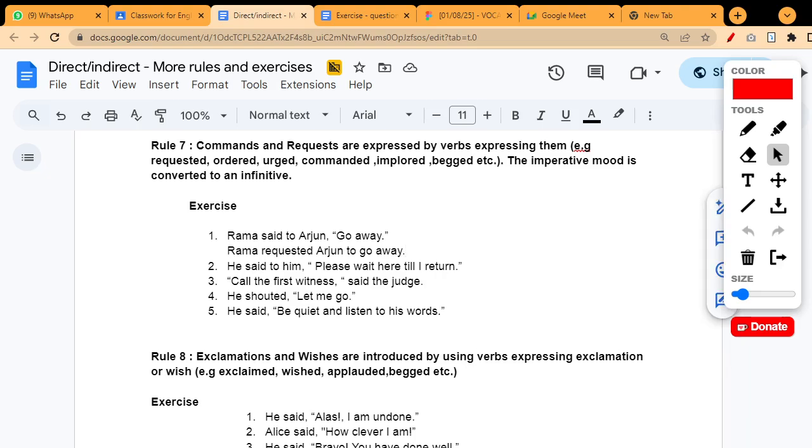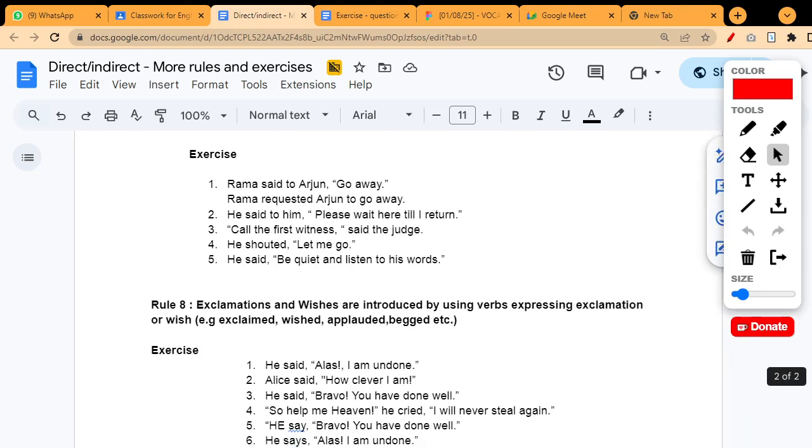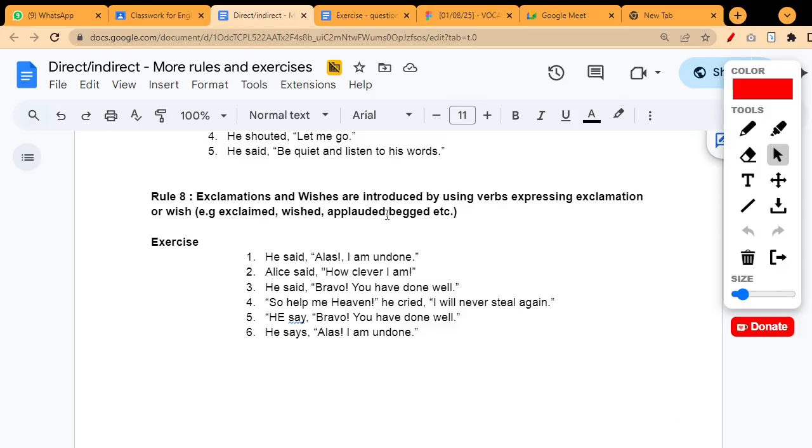Then the last rule is on exclamations and wishes. So again, if we see exclamatory sentences, then depending upon the sentence, we use an appropriate word like exclaimed, wished, applauded, begged, etc. Say for example, he said, I am undone.